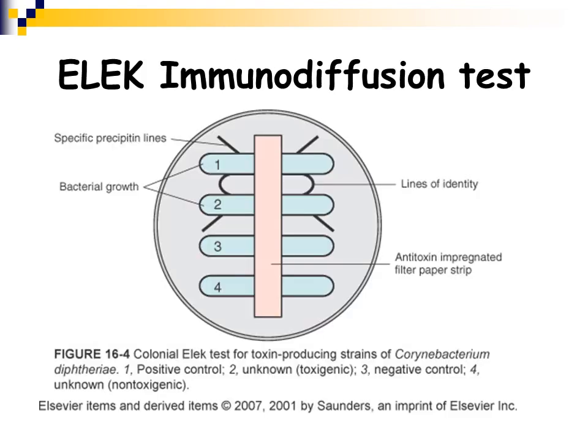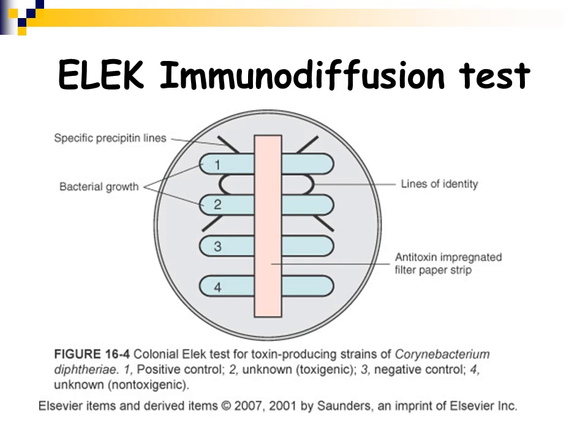So what the Elek test is, you have an agar plate and you have lines of your suspected organism. So let's say you isolated some organisms that you think might be Corynebacterium diphtheriae. You would streak the organism along the center in lines of an agar plate.